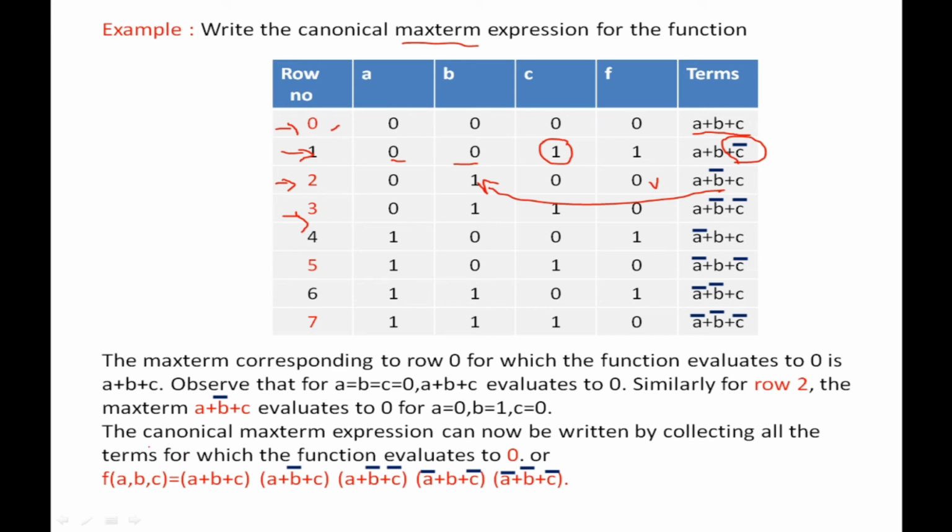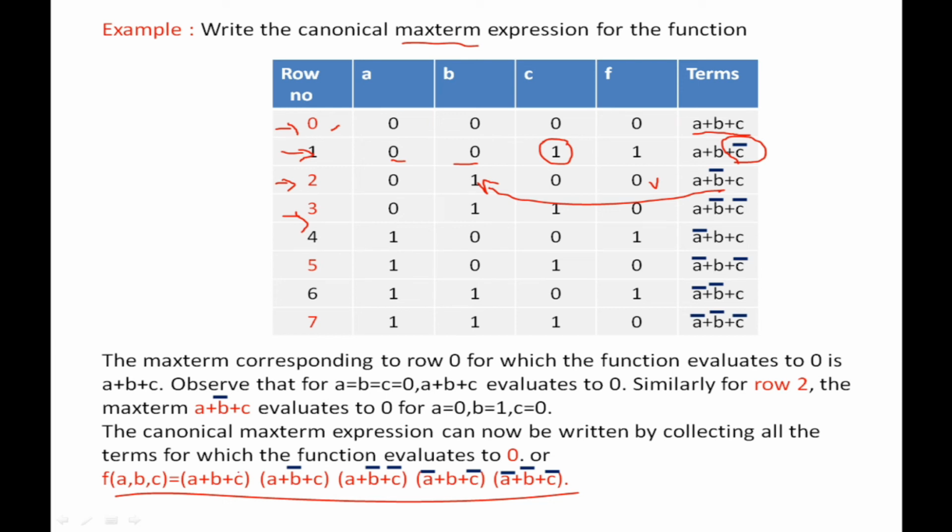The canonical maxterm expression can now be written by collecting all the terms for which the function is evaluating to 0. So here we can represent all these functions. Now it is in which form?